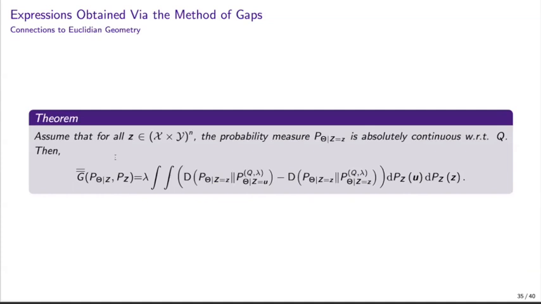Okay, so I want to close this walk through the garden of equivalent expressions for the generalization error with this one in particular, because it has only two relative entropies. One that is the comparison of the algorithm that we are studying to the Gibbs, when the Gibbs and the algorithm under study have been trained on different data sets, and those data sets are chosen identically distributed but independent.